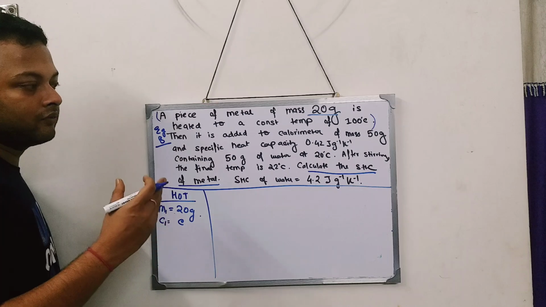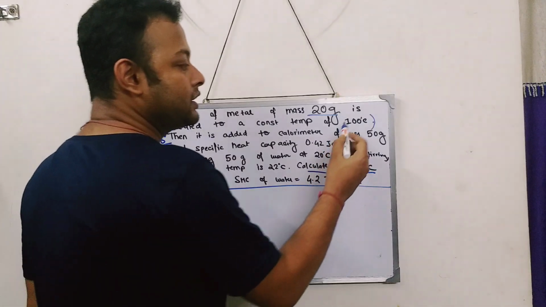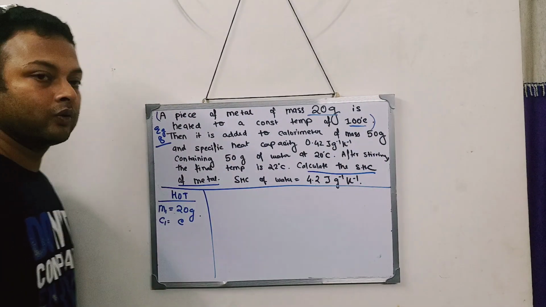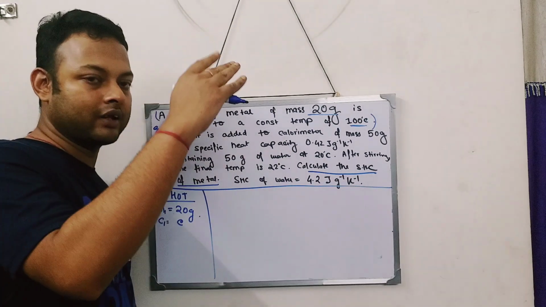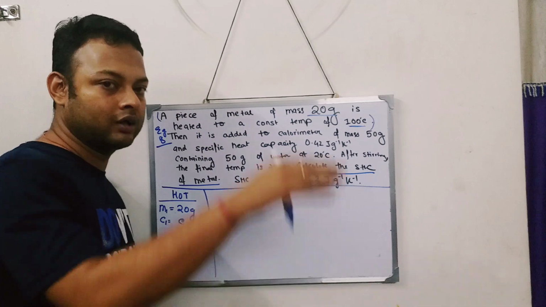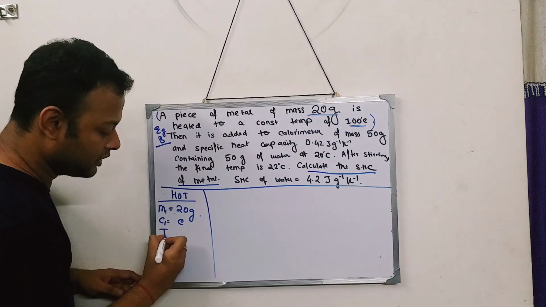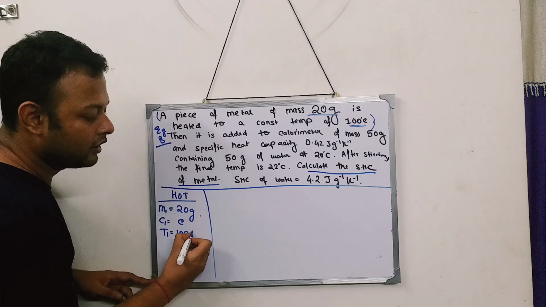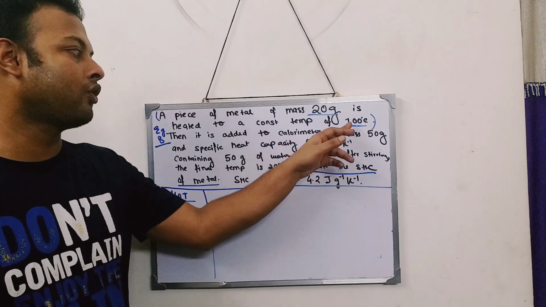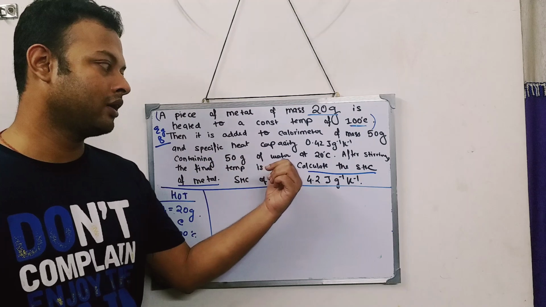Now, what is the initial temperature of the body and the final temperature? The temperature of the body initially is 100. Don't think I'm heating it, so from initial it is becoming final. No. It is initially at 100, and when I put that into cold water, the temperature will decrease. So initially the temperature of the body is 100 degrees centigrade. Now as you read the whole line, you will come to know that this hot body has to be put inside water at 20 degree.